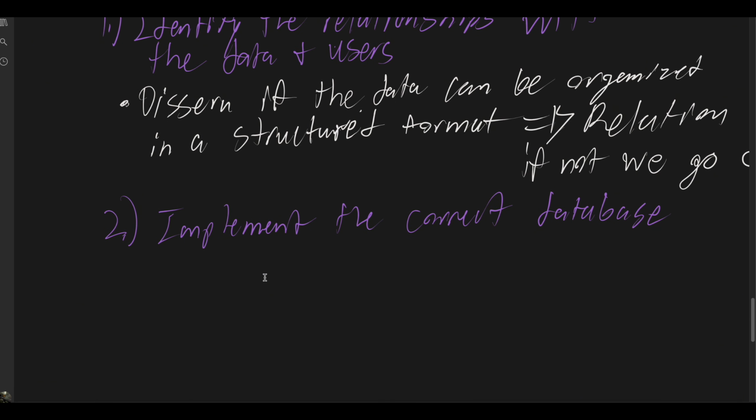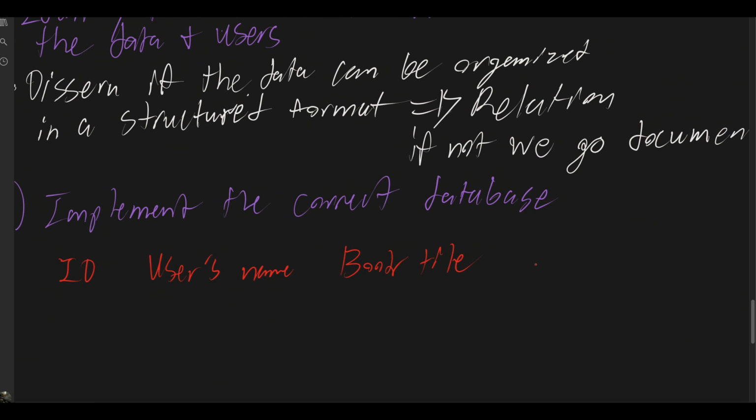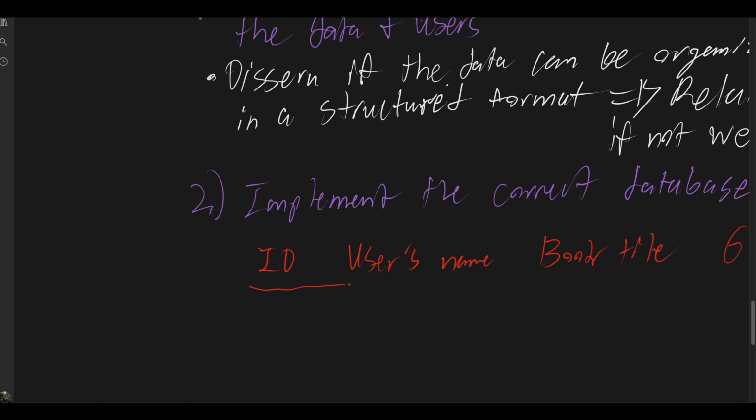For instance, we can put an ID for a specific user. We'll have the user's name, the book title, genre, etc. And yes, we can make a viable table out of this.